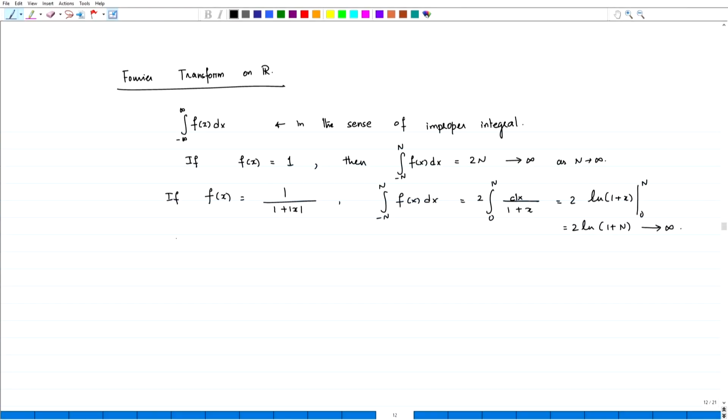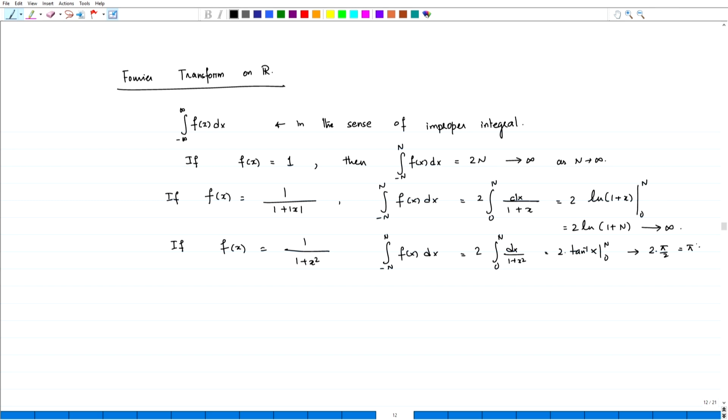However, if we give a little more decay, if f of x is equal to 1 by 1 plus x square, then the integral from minus n to n of f of x dx is equal to 2 times the integral from 0 to n of dx by 1 plus x square, which is equal to 2 times tan inverse of x from 0 to n, which goes to 2 into pi by 2, which is equal to pi.